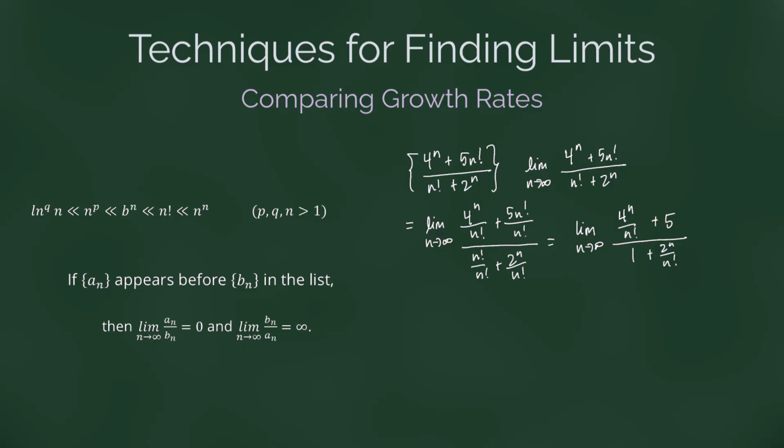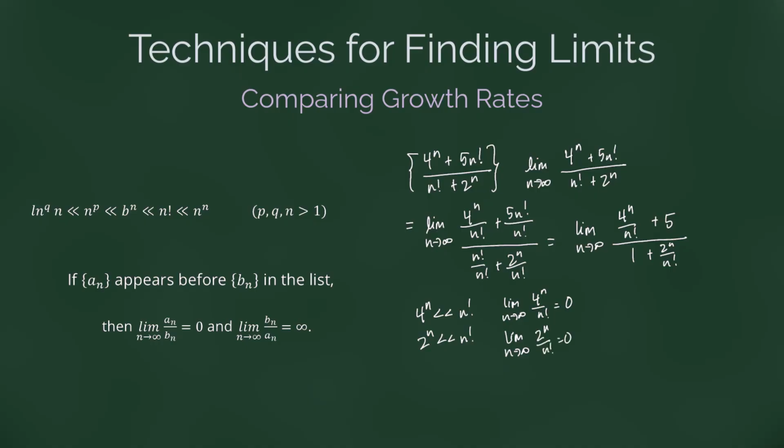But our list tells us that 4 to the n is much smaller than n factorial, and 2 to the n is much smaller than n factorial, which means that as n goes to infinity, the limit of 4 to the n over n factorial must be 0, and the same thing for 2 to the n over n factorial.